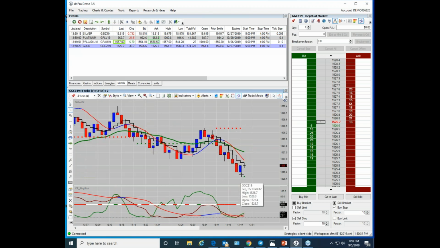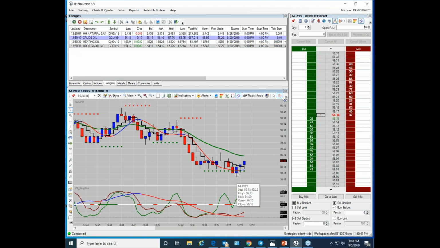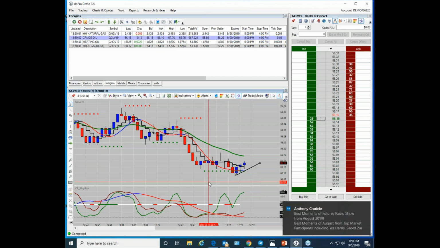Okay. So if we get another candle, I'm going to draw another trend line. So I'm just waiting. Crude oil. Start drawing that one. Okay. So let's see. Just kind of waiting here.